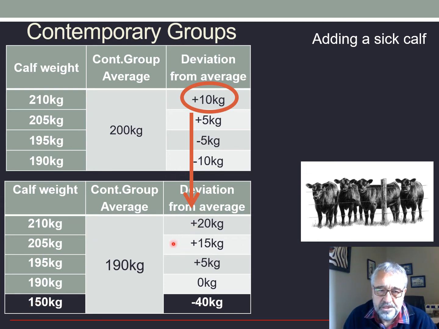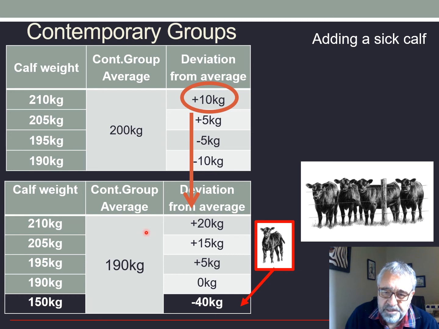All of a sudden you will see that the mean is being pushed down due to the average now over the 5 calves, and that means that your top calf, in this case, was 10 kilograms heavier than the mean. Now all of a sudden he's 20 kilograms heavier than the mean. So that basically gives you a false impression, or a false breeding value prediction, for the other 4 calves. So your below average calf all of a sudden is now an average calf.